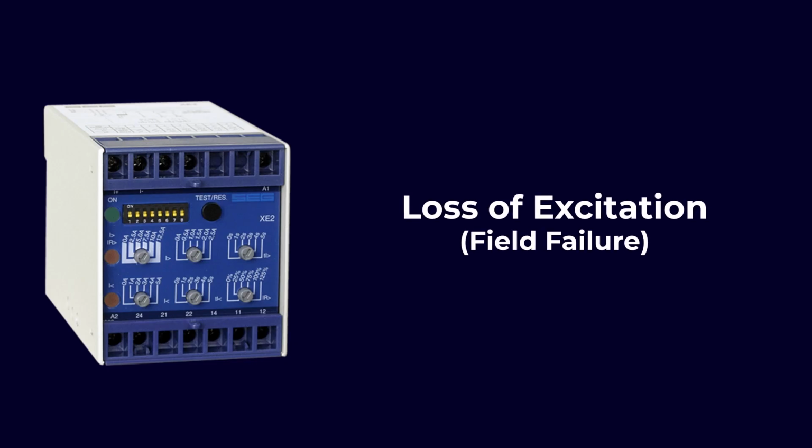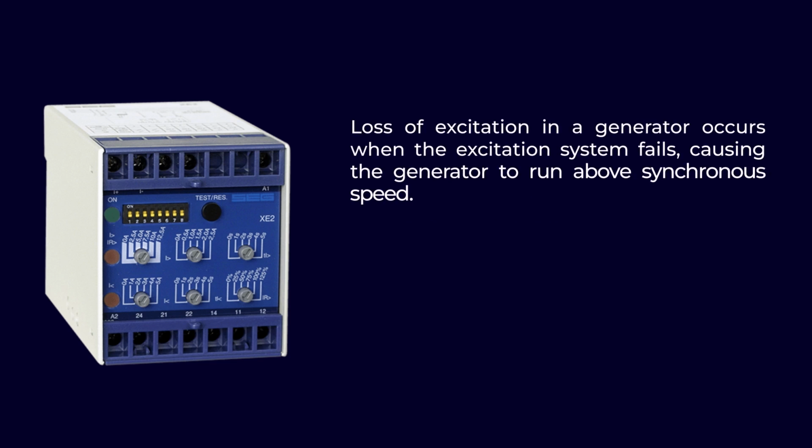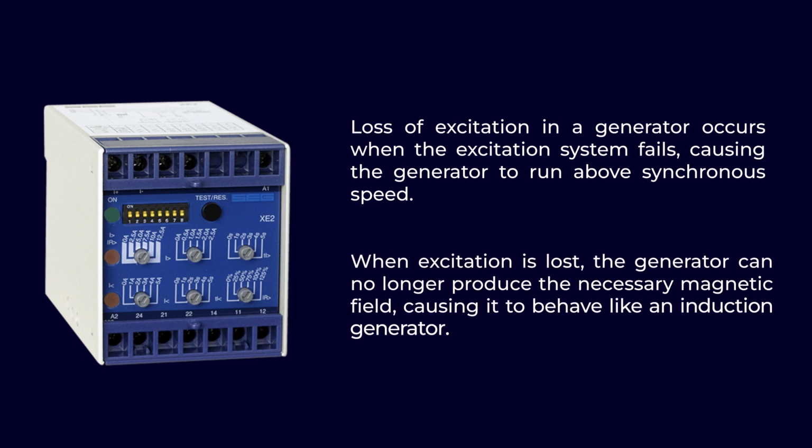Next one is the loss of excitation. Loss of excitation in a generator occurs when the excitation system fails, causing the generator to run above the synchronous speed. When the excitation is lost, the generator can no longer produce the necessary magnetic field, causing it to behave like an induction generator.